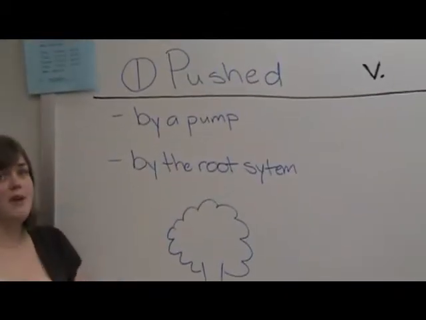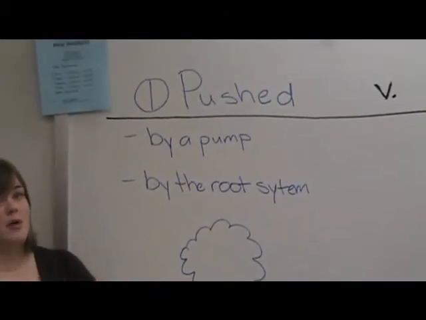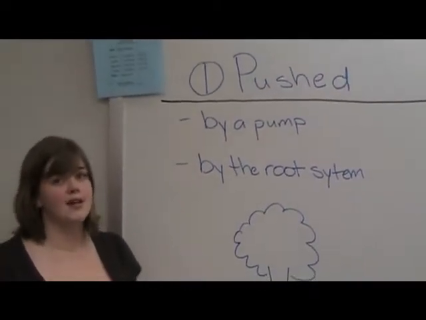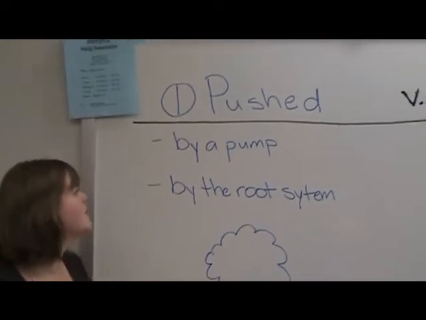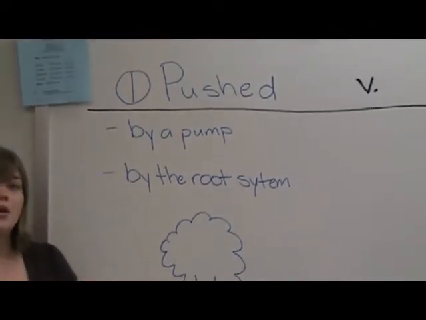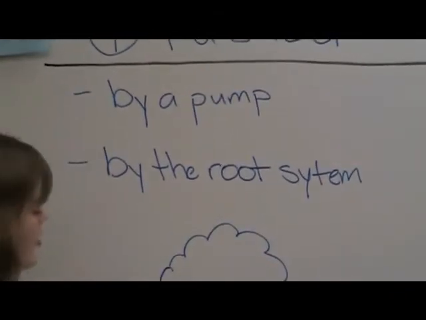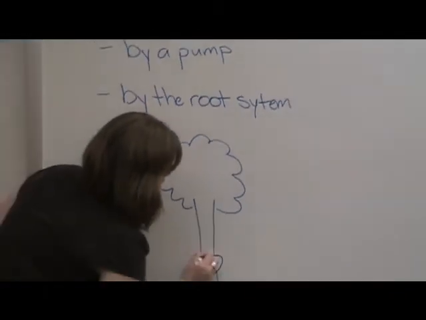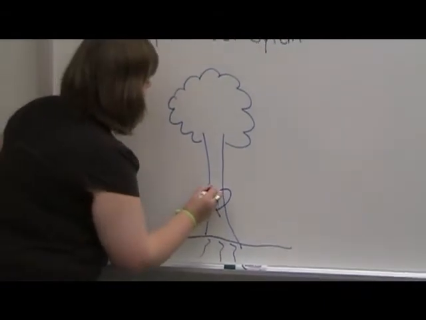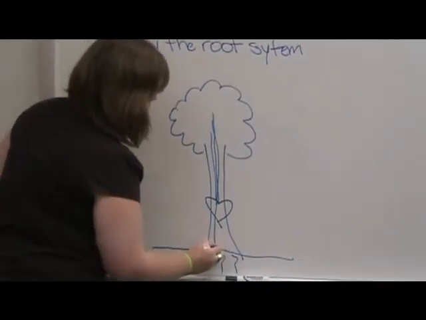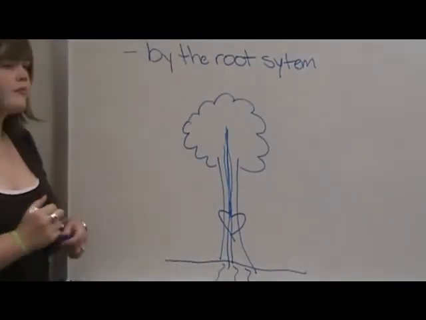There could be two mechanisms by which water can be pushed from the roots to the leaves to open those important cells so that gas can be exchanged. It could be done by a pump, some kind of pumping mechanism, kind of like a heart, pumping water from the roots up to the leaves.